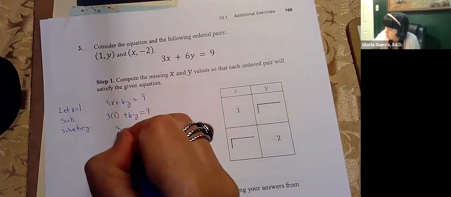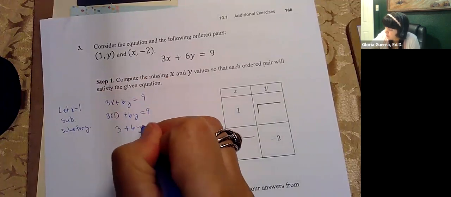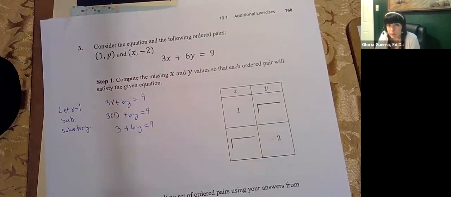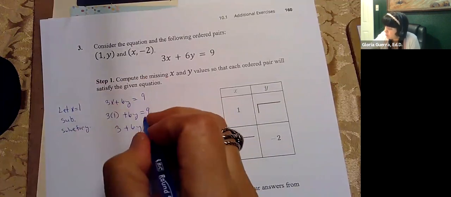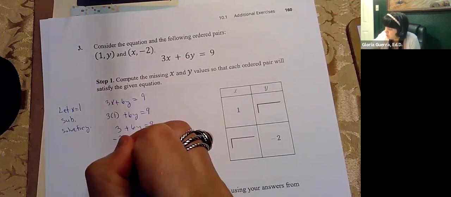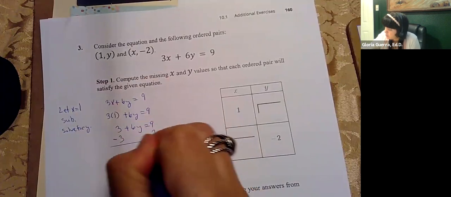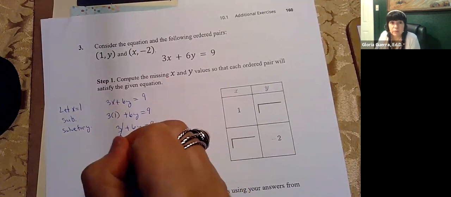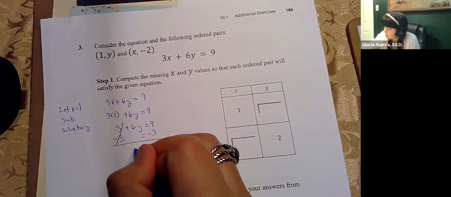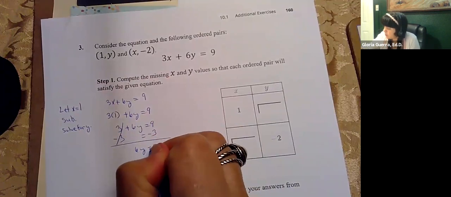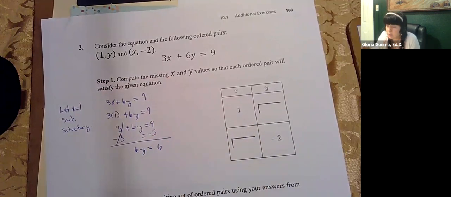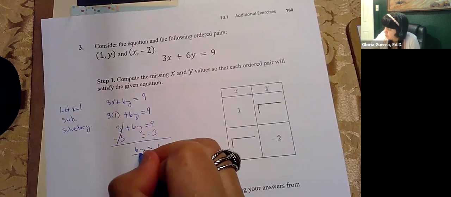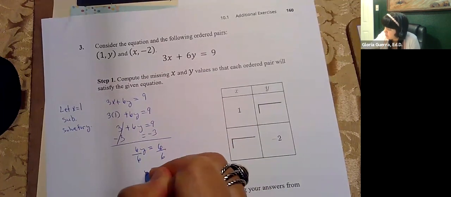Then you do your algebra. 3 times 1 is 3, plus 6y equals 9. And you want to solve this for y. So you want to move the 3 first. Do an opposite. 3 is minus 3. You have 6y equals, and 9 minus 3 is 6. And now you just need to divide both sides by 6.